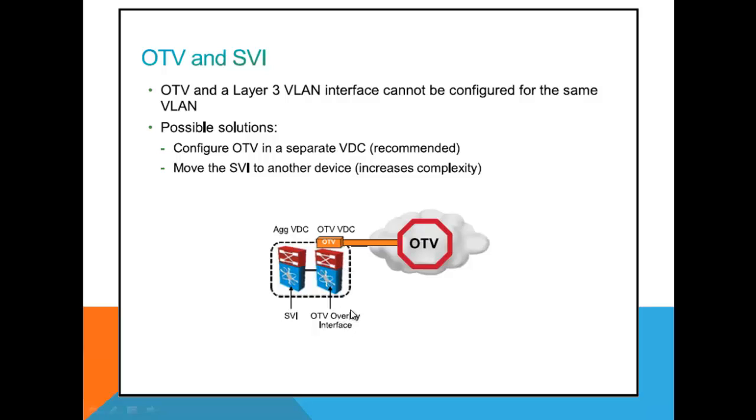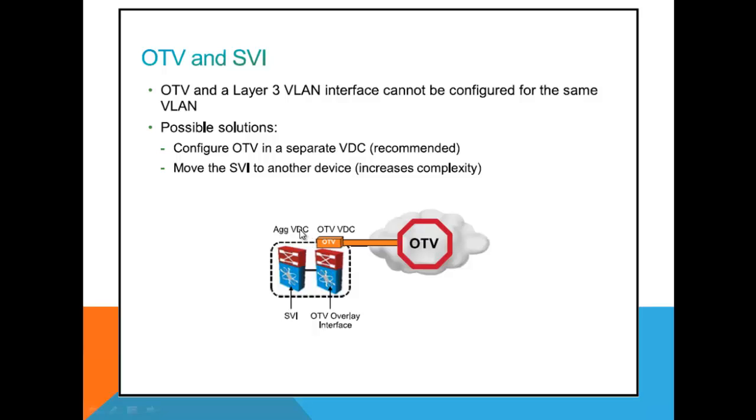You also want to have interface VLAN 200, which is SVI. That is not possible. That's not recommended in a single device. So if you have two Nexus device, on one device, VLAN 200 you use for OTV. On the other device, you use for interface SVI, switch virtual interface. No problem. Or you logically divide that 7000 box into two.